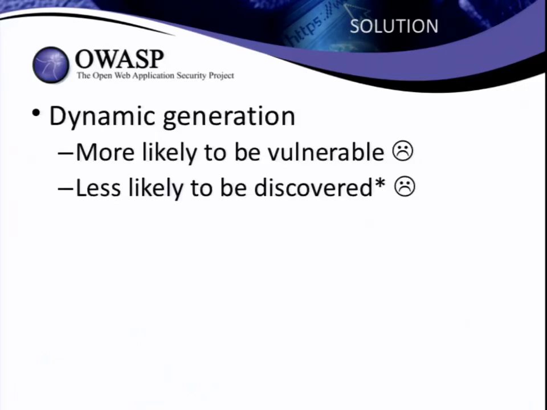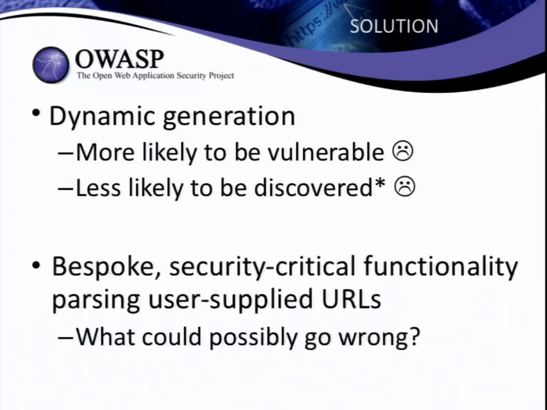So the pen tester may never realize that the application even supports CORS, and they'll never get a chance to audit your functionality that decides which origins are trustworthy and which ones aren't. So, as a direct result of these limitations in CORS, we've got security critical functionality that pen testers may well not notice that's based on parsing user supplied URLs.